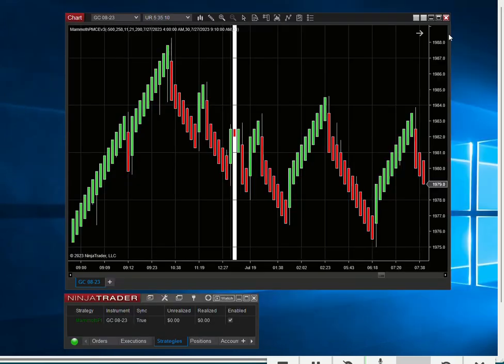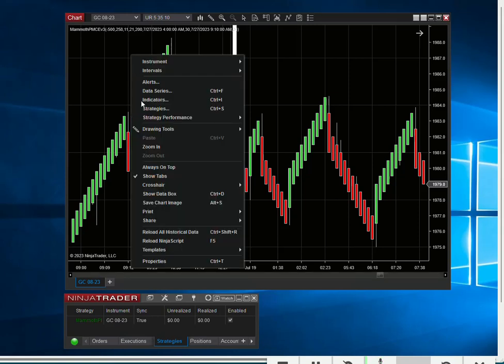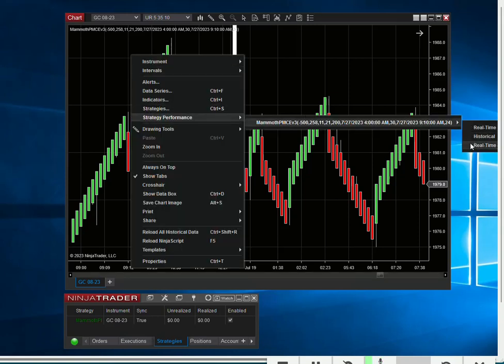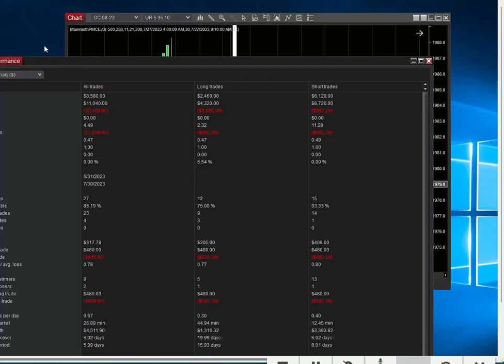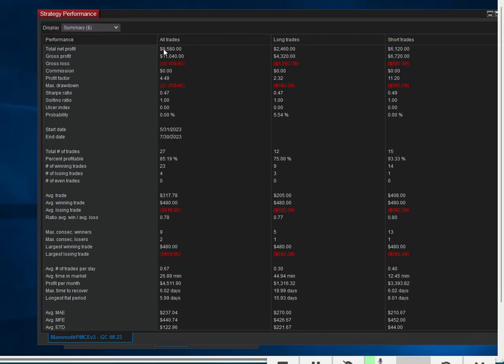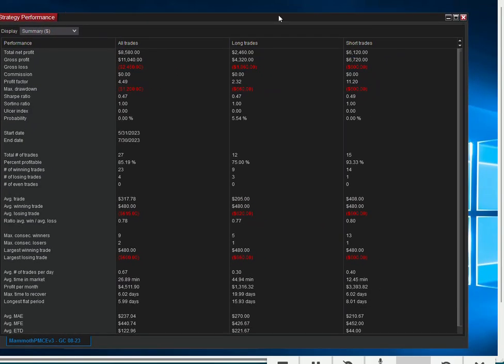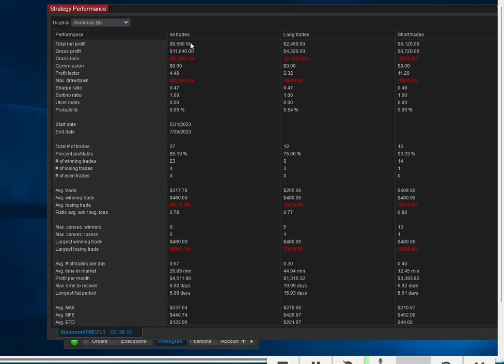So okay, this is the settings, and we're running 2 contracts. And if you trade for the last 60 days, you have this net profit with 2 contracts. Okay. It might be off a little bit because of some fills.